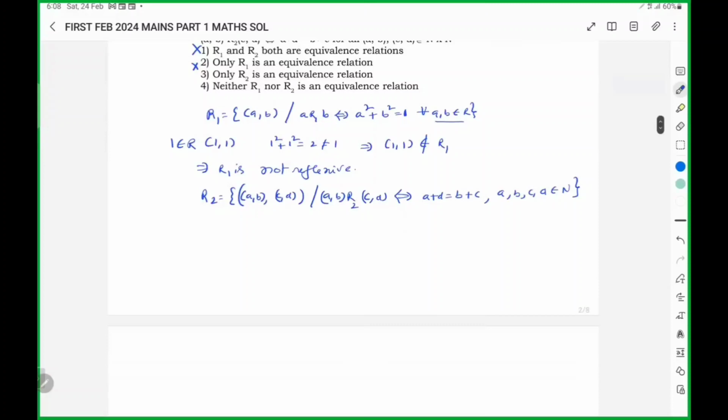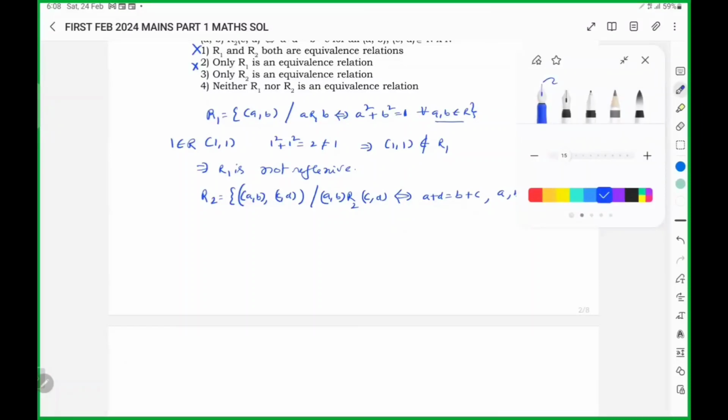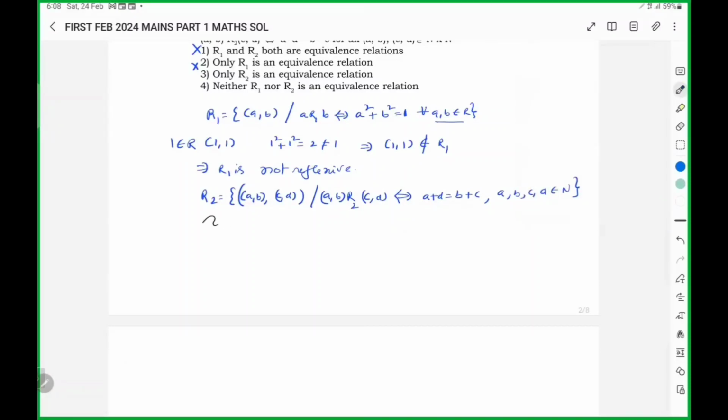Now, whether it is reflexive or not, how do we know? By the reflexive property, whenever A is there in S, (A, A) must be there in the relation. Then such a relation is a reflexive relation. Here, in place of A you have (A, B), in place of another, (C, D).